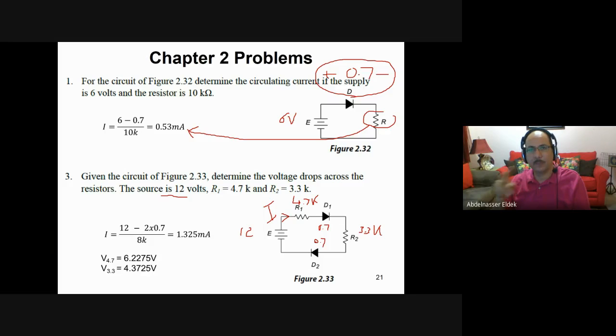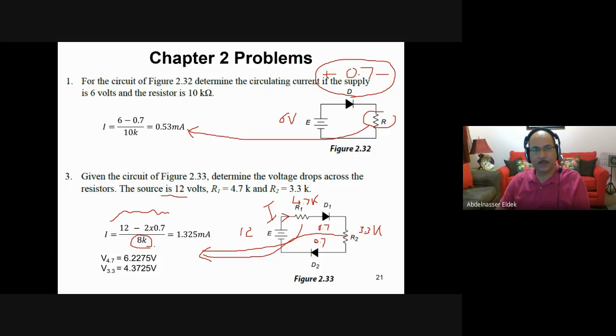You have 12 volt dropped over 4 elements, 2 resistors and 2 diodes. So the voltage across the 2 resistors will be 12 volt minus the voltage across the first diode and the voltage across the second diode, so 12 minus 0.7 and 0.7, divided by the total resistance, which is 3.3 plus 4.7, which is 8K.